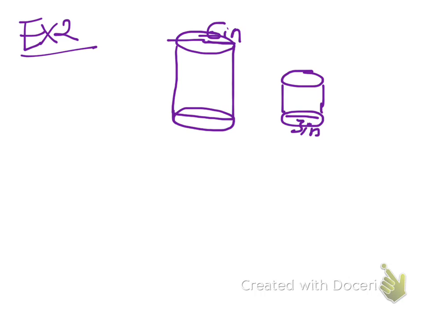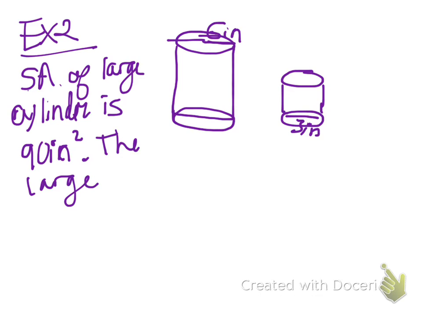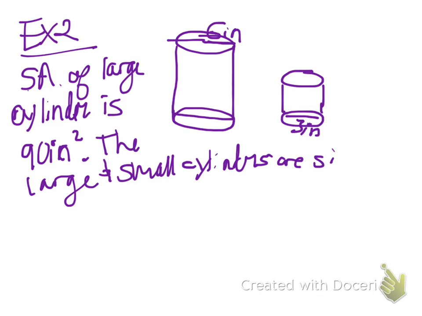Alright, I'm also going to tell you that the surface area of the large cylinder is 90 inches squared. The large and small cylinders are similar.